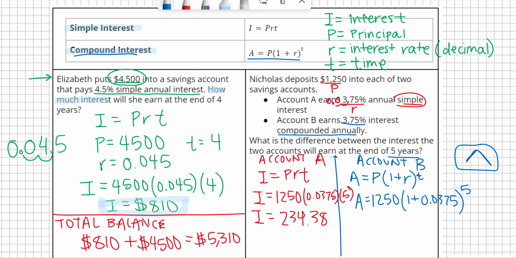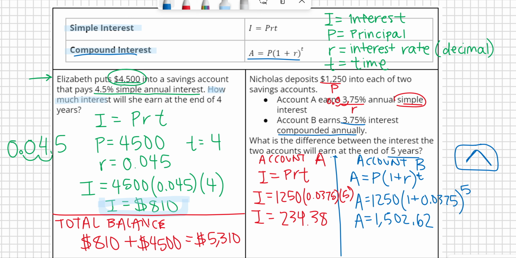So I'll put that in: 1,250, parentheses, times 1 plus 0.0375, close parentheses, to the power of 5. So my account balance is equal to $1,502.62.